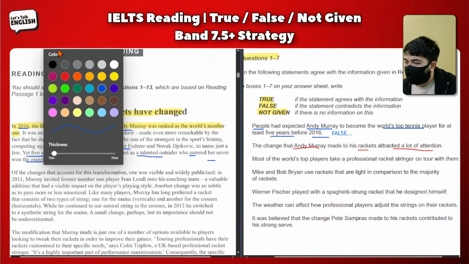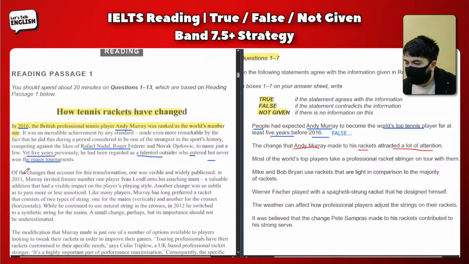Okay, the second paragraph starts with of the changes that account for this transformation. One was visible and widely publicized. In 2011, invited former number one player Ivan Lendl on his coaching valuable addition. Another change was so subtle as to, okay, it was widely publicized.